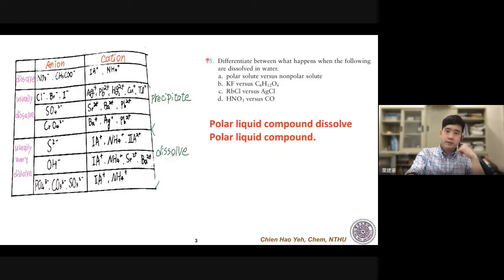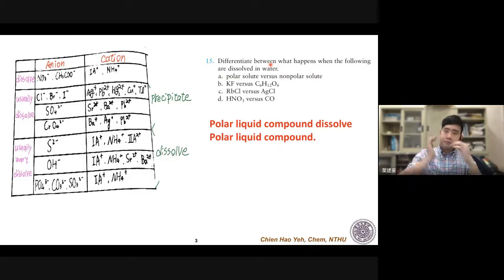In problem 15, differentiate between what happens when the following are dissolved in water. Part A and part D are actually similar: polar solute versus non-polar solute when dissolved in water.